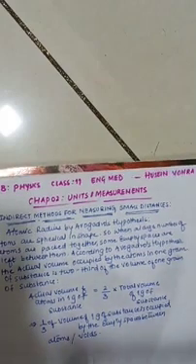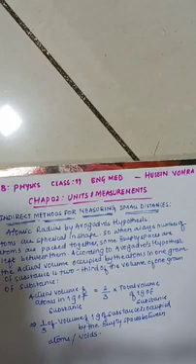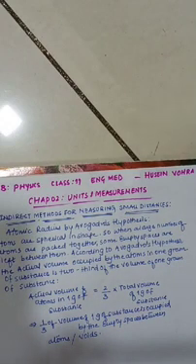Clear? 1/3 of the portion is being occupied by what? Empty spaces or voids between atoms, and actual volume of atoms in 1 gram of substance is 2/3 of its total volume of 1 gram of substance.